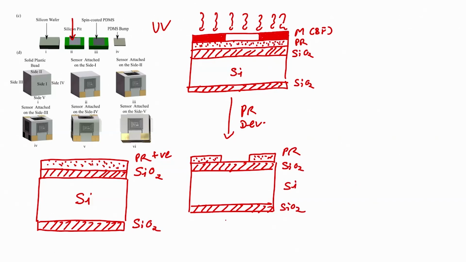Now, what is the next step? The next step is you dip this wafer in BHF. BHF is an SiO2 etchant, right.